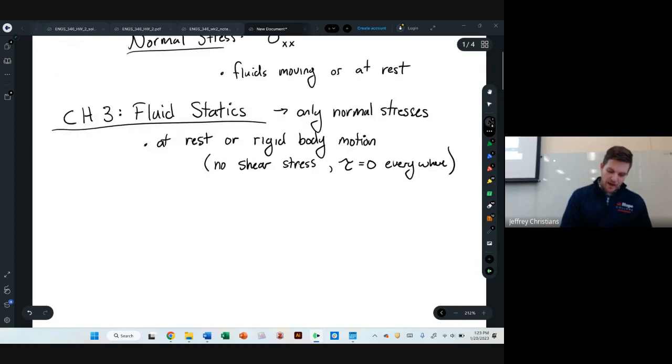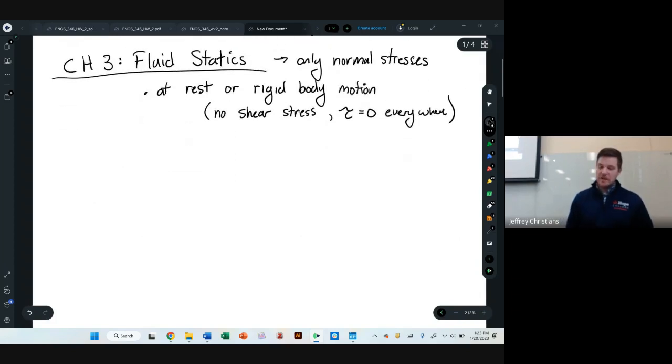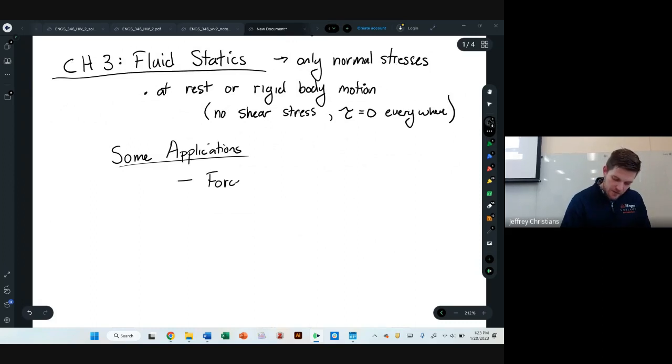Okay, so in what fields do we find fluid statics? Just a brief list of applications. We might find this if you're looking at calculating forces on submerged objects.